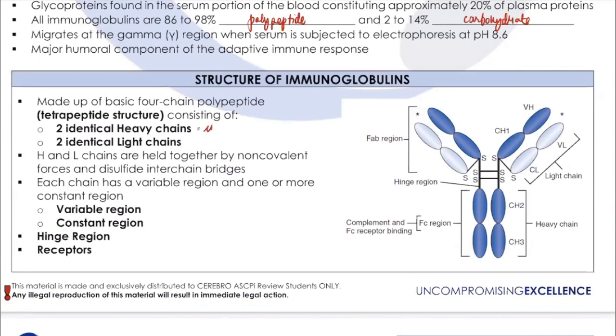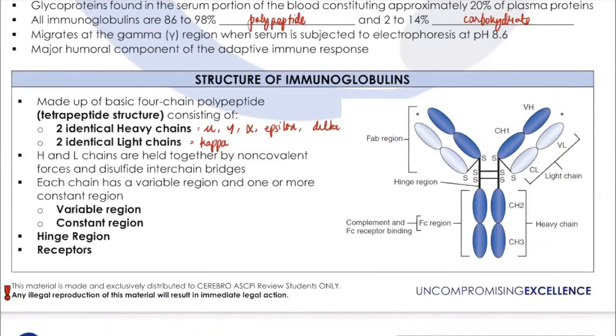We have the mu, the gamma, the alpha, the epsilon, and the delta. Ibig sabihin, kung IgM, heavy chain mu; kung IgG, gamma chain yun; alpha, that's IgA; epsilon for IgE; and delta chain for IgD. Then we have 2 identical light chains. The light chains could either be kappa or pwede ding lambda.